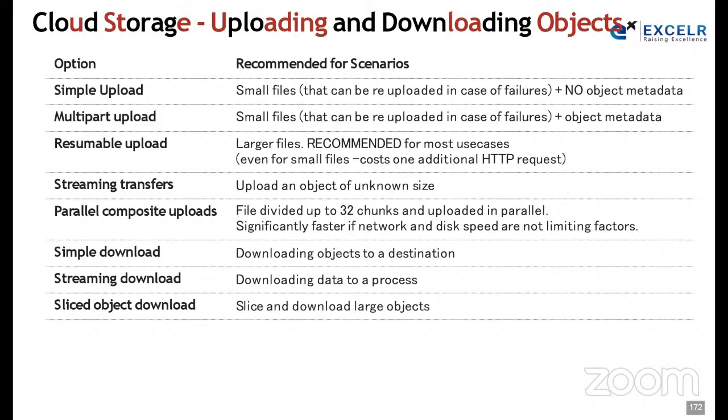Whenever you want to download a file, you can use a simple download, which is very plain. If you want to download data to a particular process, you should go for a streaming download. You can also do a sliced object download, where you slice the large object into smaller pieces and then download it. So these are the various options you can look at.